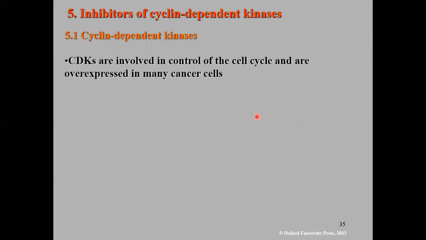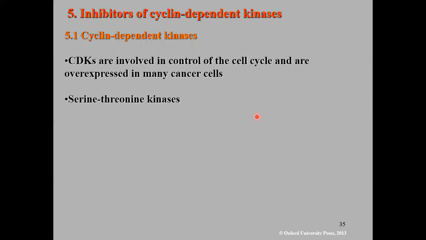These are involved in control of the cell cycle and are overexpressed in many cancer cells. And if you remember in the introduction, when I told you that you need to read the cancer introduction in the reference book, you will find some information about the CDKs.